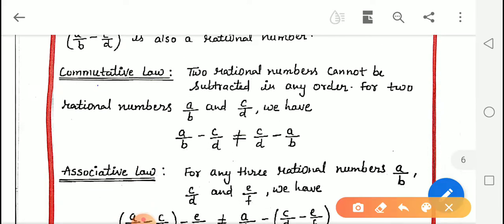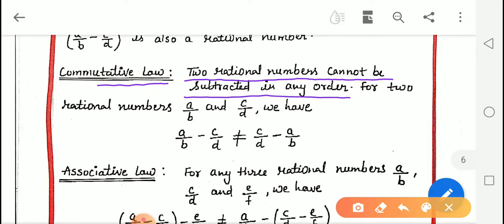Now the commutative law. The commutative law is not valid for the subtraction of rational numbers. It says that two rational numbers cannot be subtracted in any order.